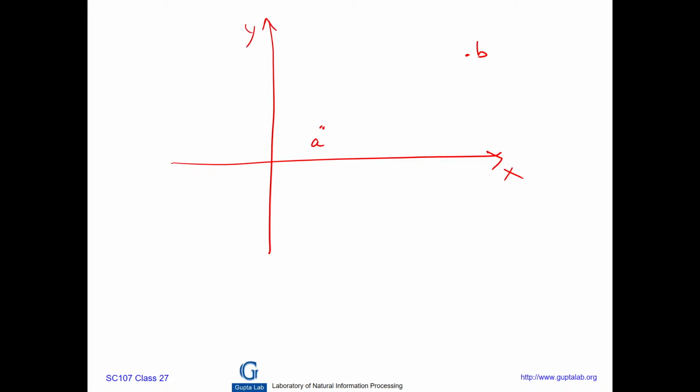It's a complex plane, and suppose we have a curve here from A to B. We have some function f of z, which is given and continuous at all points of the curve C.